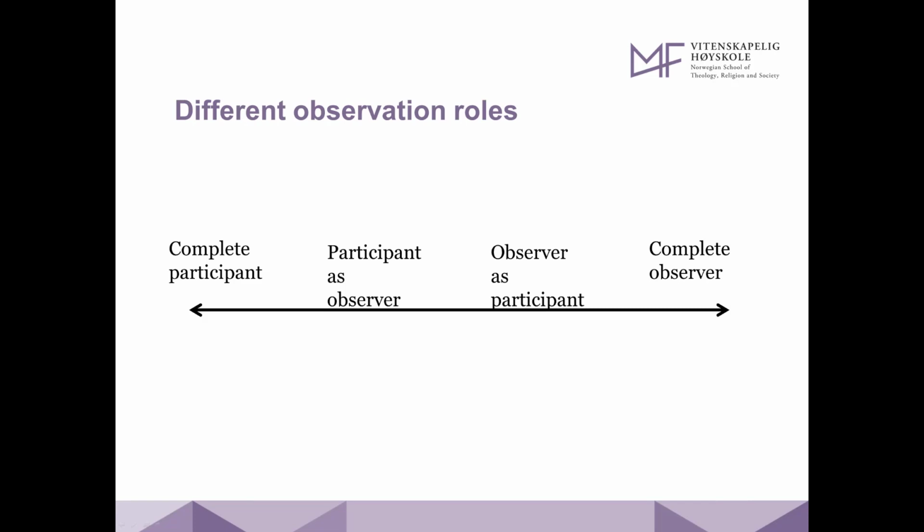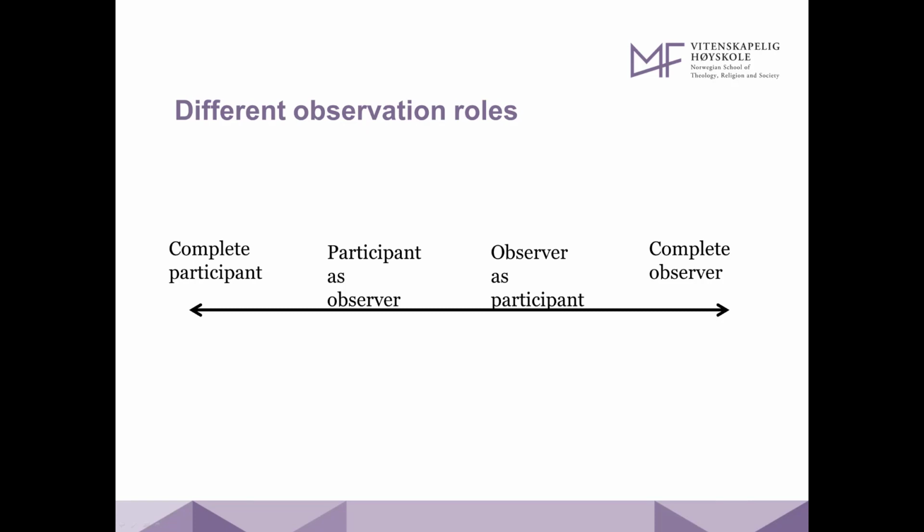When we talk about observation, it's common to distinguish between different observation roles. The difference is whether you are mainly observing or mainly participating in the activities going on in the research setting. You can be a complete participant on one side.